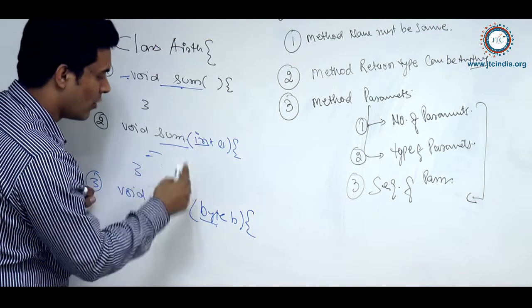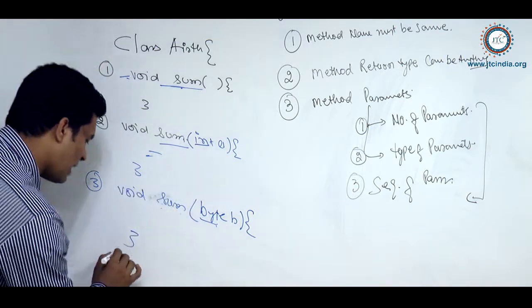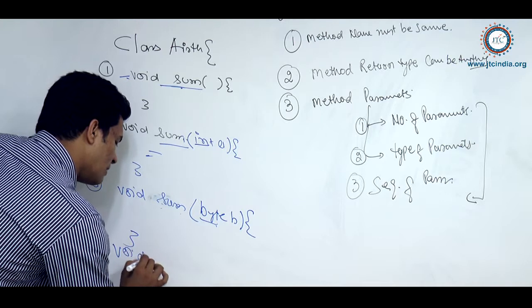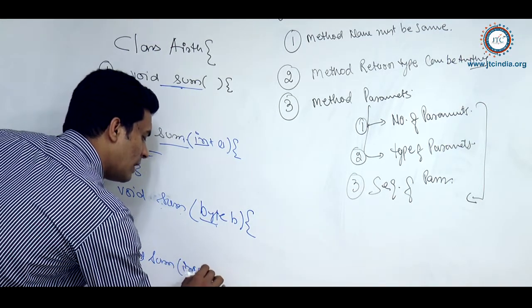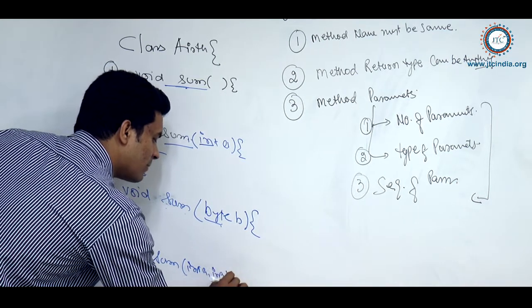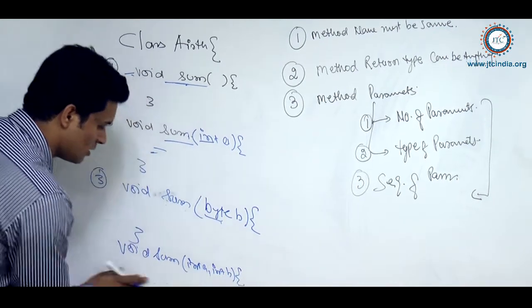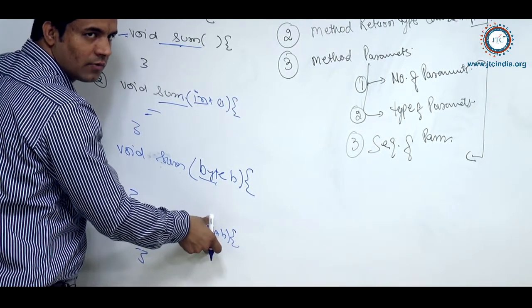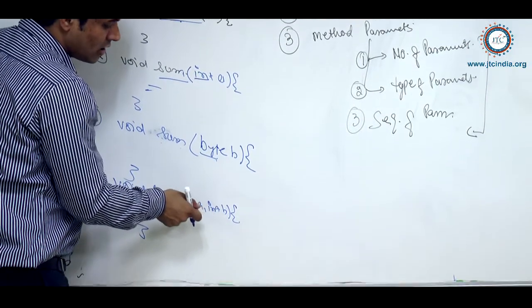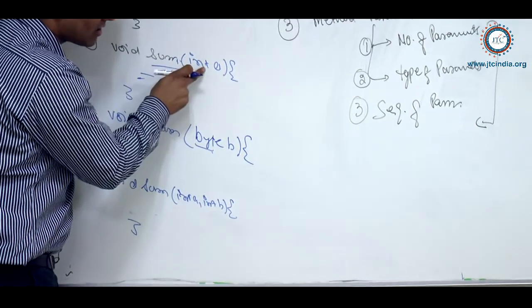Similarly, now if I write again void sum, with int a and int b, then in this case, see the type of parameter is the same.